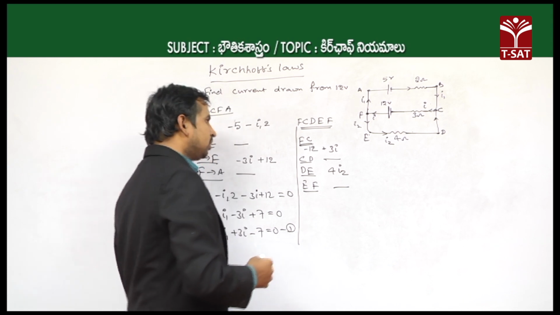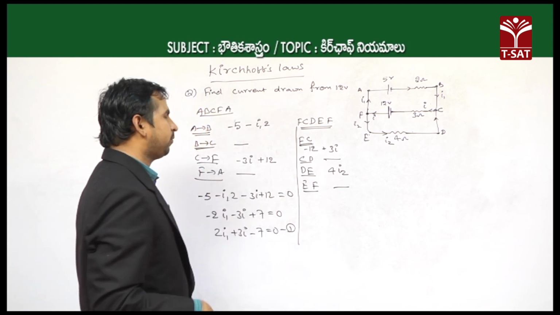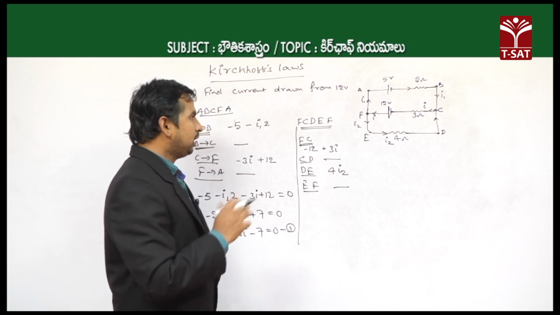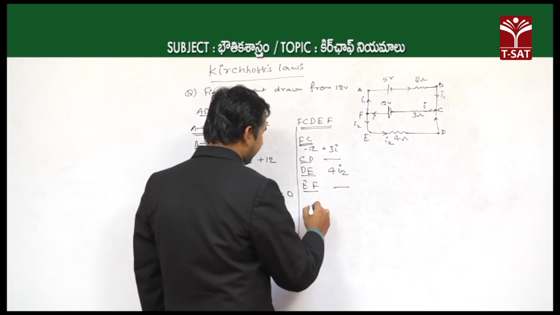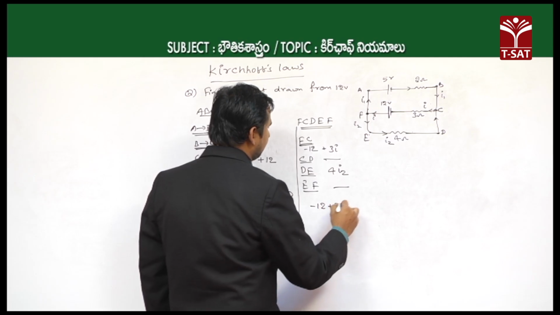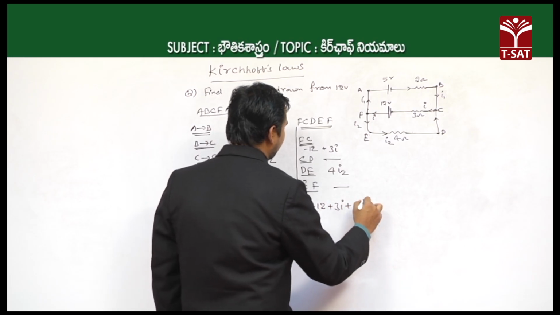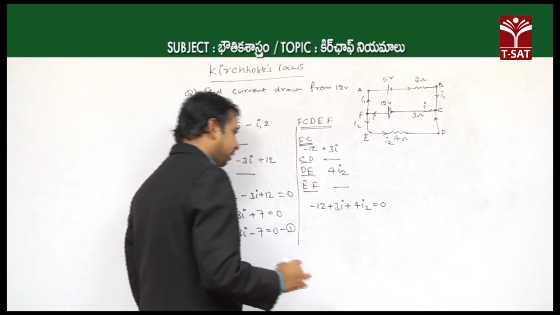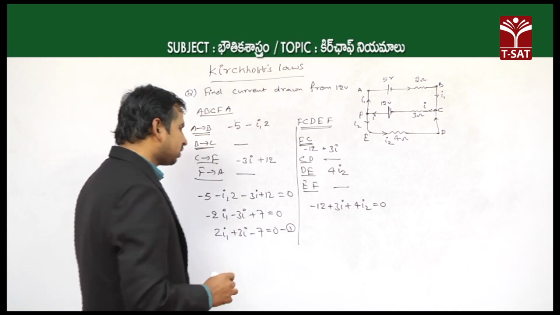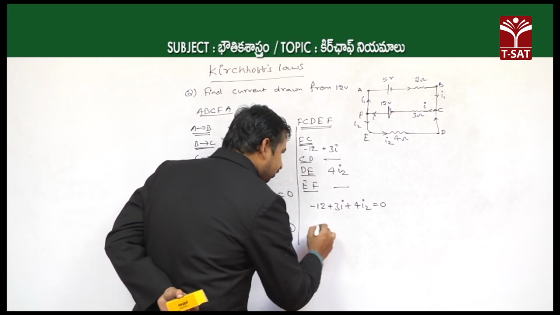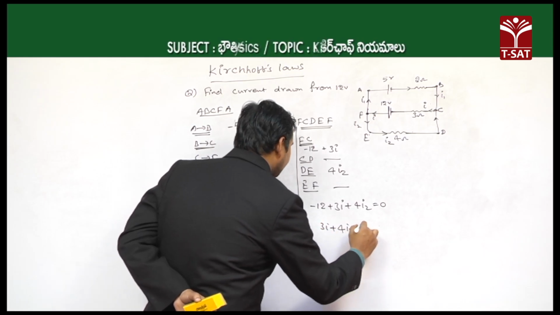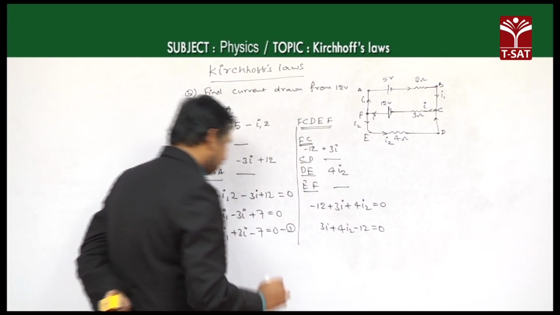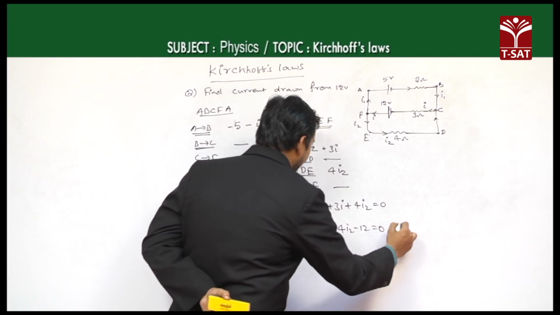So the total potential difference for F to C to D to E to F gives minus 12 plus 3I plus 4I2 is equal to 0, or 3I plus 4I2 minus 12 is equal to 0. This is our second equation.